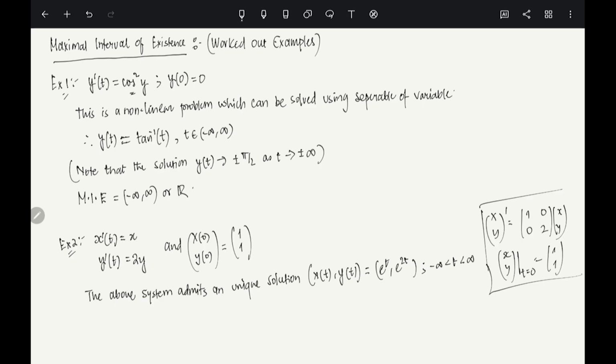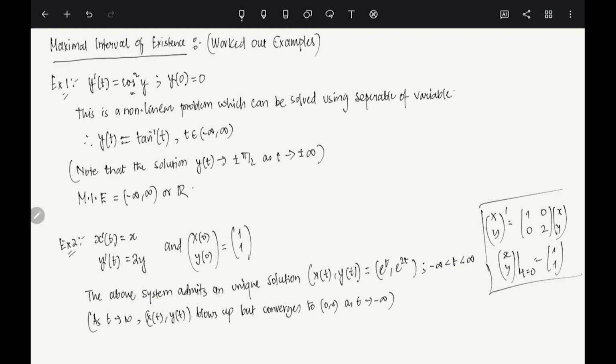Clear? So in this case, and of course you can see that as t tends to infinity, x(t), y(t), the solution that is here, blows up, but converges to (0, 0) as t tends to minus infinity.